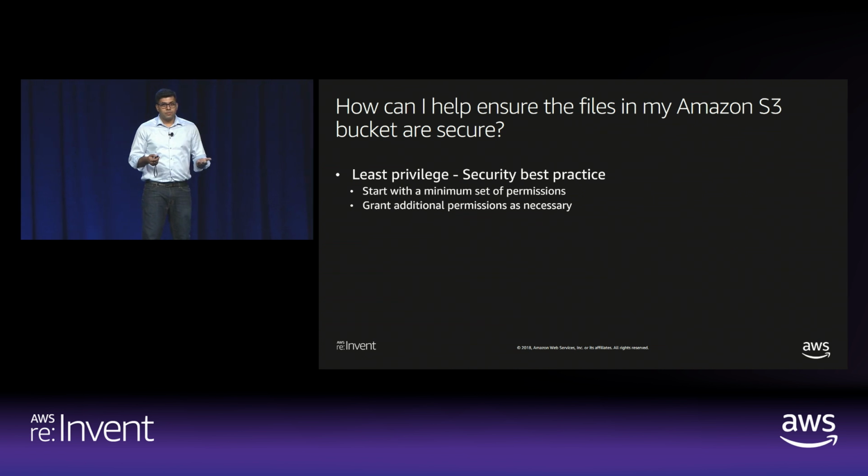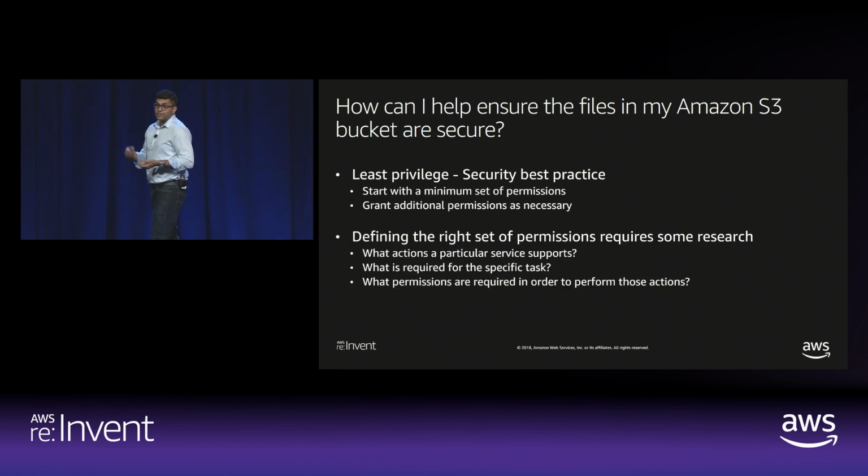So when you create an S3 bucket or an object, it's private by default. And the access is only limited to the resource owner who's creating those objects or buckets. And then you slowly grant access to other users and IAM principals. It's always best practice to slowly and granularly grant access to other users than opening up the access and then tightening it after the fact.